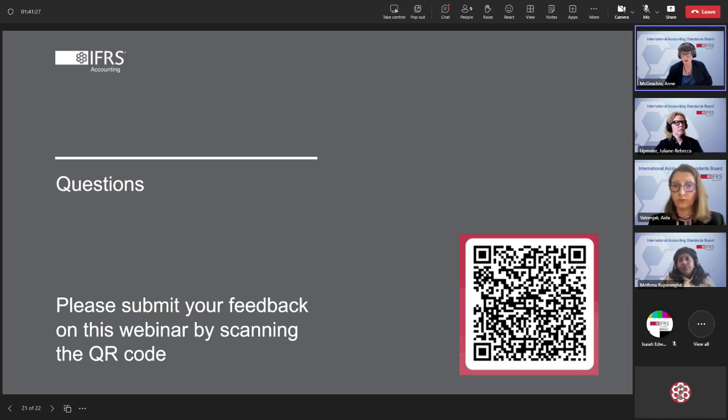That disaggregation, although it's material information, which is why you're giving it in the notes, might not need to be presented in that disaggregated way in the statement of profit or loss, because it's not needed for a useful structured summary of the income and expenses. I don't know if that helps answer the question, or if you'd like me to expand further, Aida.